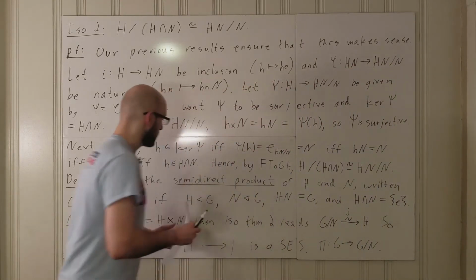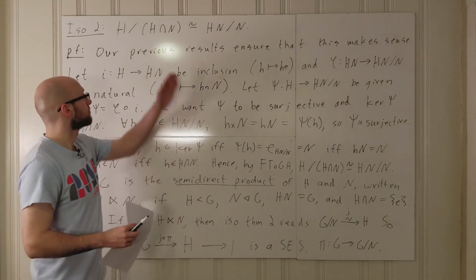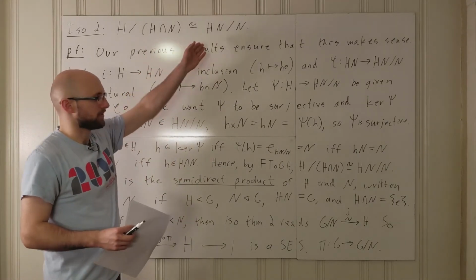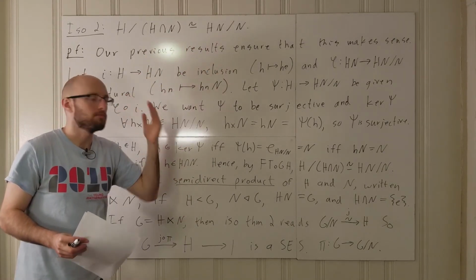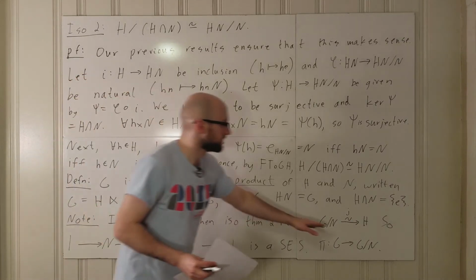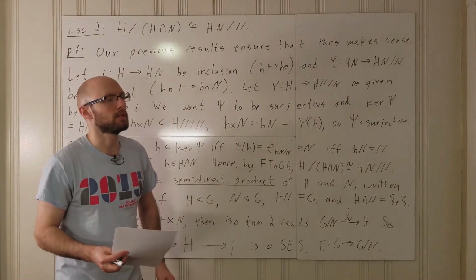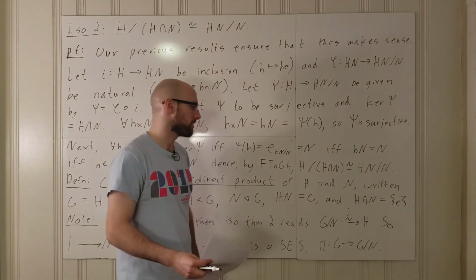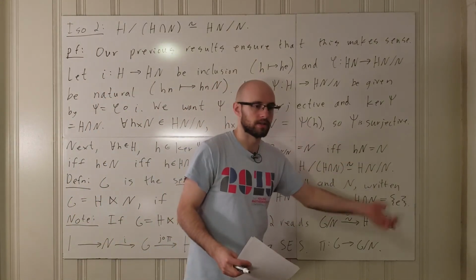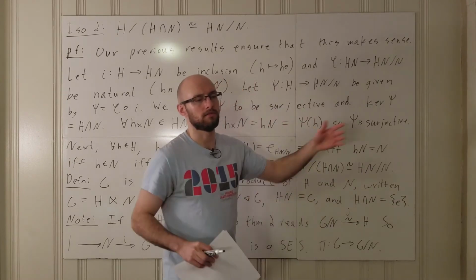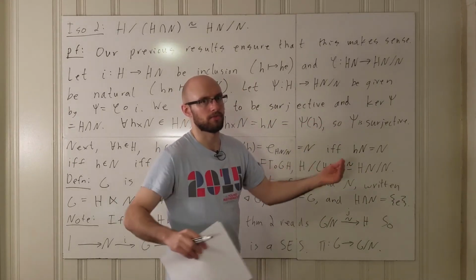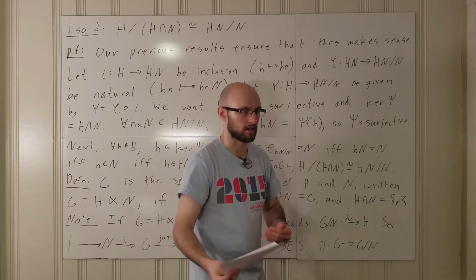So the second isomorphism theorem reads that H is isomorphic to G mod N, but if they're isomorphic, then there is some isomorphism between the two sets. And because it's an isomorphism, it doesn't matter which direction it's going, because you have isomorphisms in both directions, which cancel each other out to get the identity.